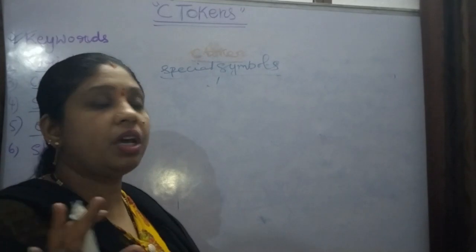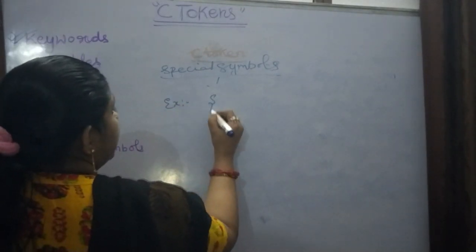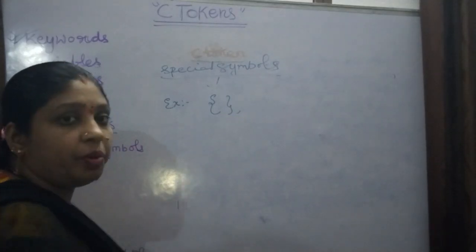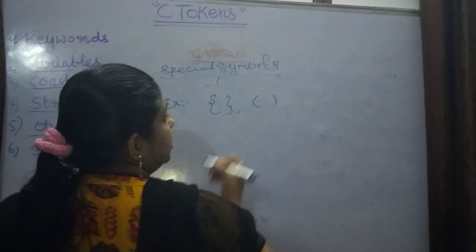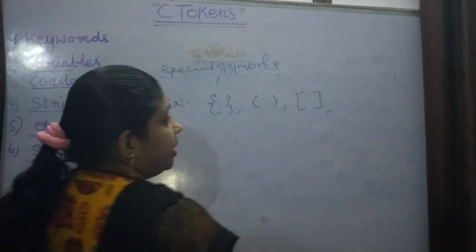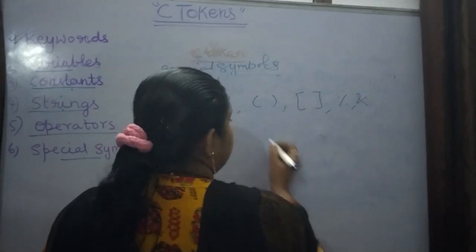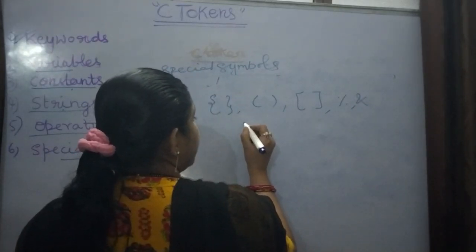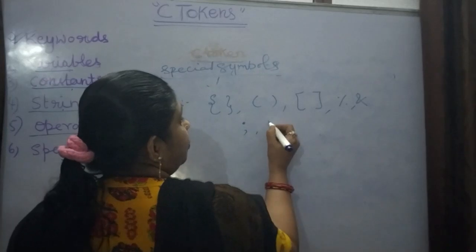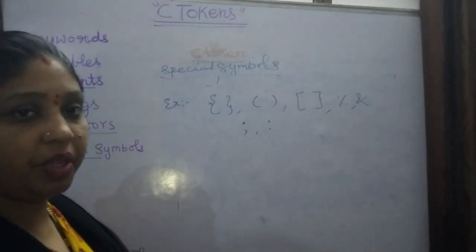For example, curly braces, parenthesis, square brackets, percentile, ampersand, semicolon, colon. All those things come under special symbols.